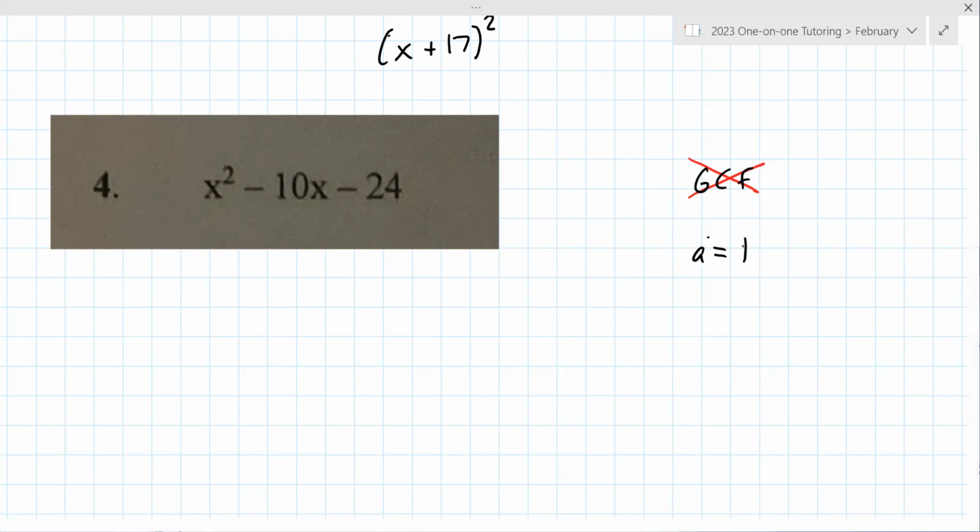All right, so you want to find two numbers that multiply to negative 24 but add to negative 10.